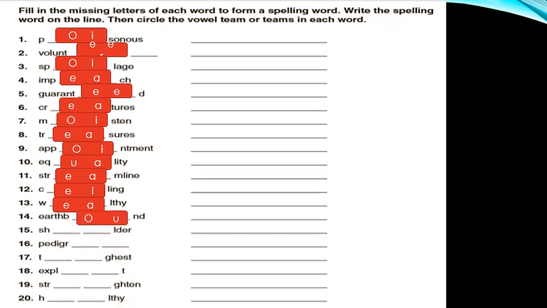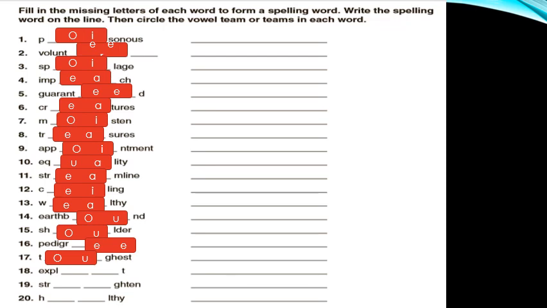And also in this word, I have two vowel team syllables, EA at the beginning and OU. 15, shoulder, OU, the vowel team OU. 16, pedigree, E at the end, the vowel team EE. 17, toughest, OU, vowel team OU.